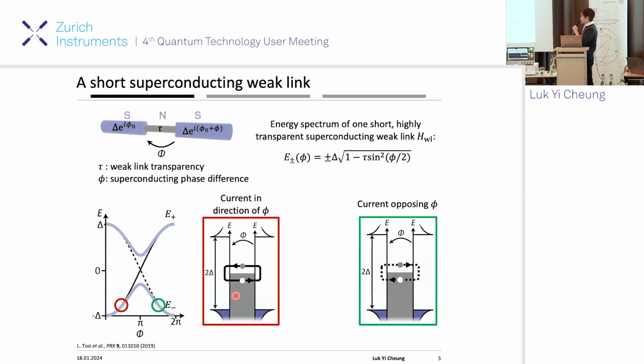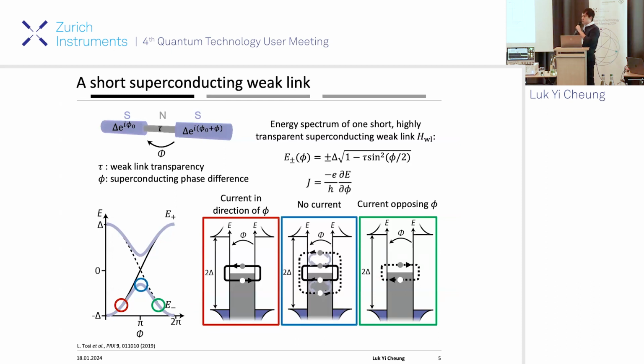And if you look at the green circle, the current direction is opposite. If you're exactly in the middle, then there's also no current because of the normal reflection, which can happen inside a superconducting weak link. The formula you have also seen: the current associated with the Andreev bound states goes with the slope of the energy states.